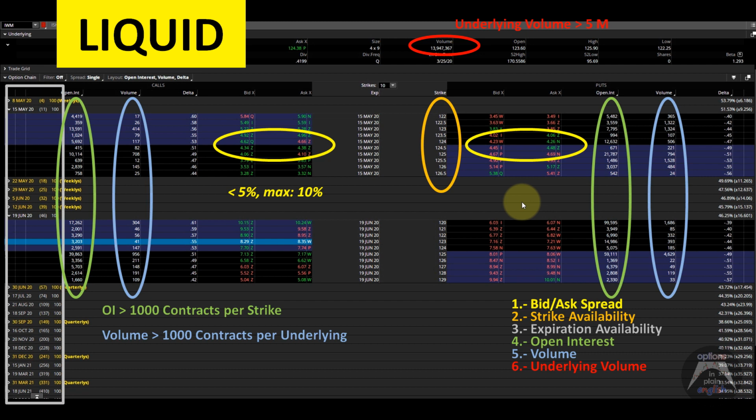The worst position to be in is when we have a position and we can't get out. So in summary, IWM is a liquid underlying, and if you have a strategy that you'd like to put on, then you're more than okay to put it on, and you're going to be making money or losing money depending on how the strategy moved, but not because of illiquidity.